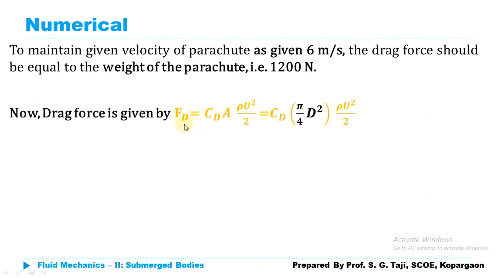We know that the equation for the drag is given by CD multiplied by A multiplied by rho u square upon 2. Just replace A with pi by 4 d square.